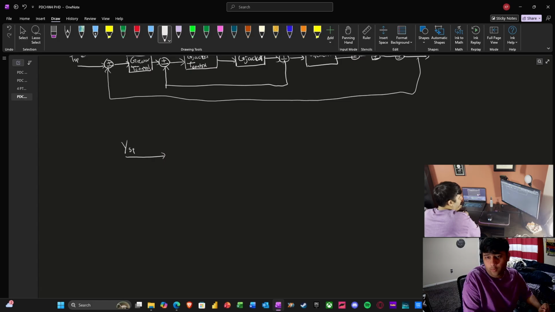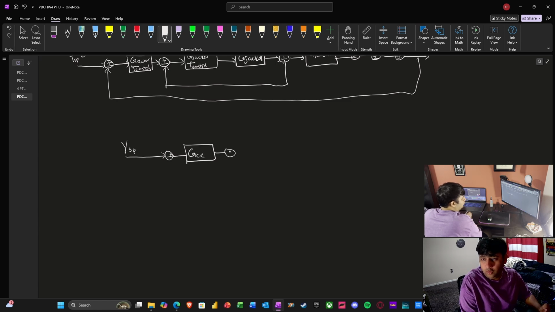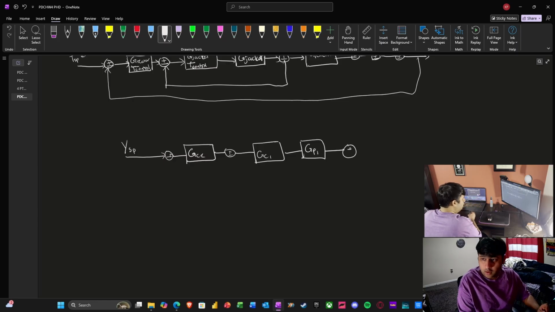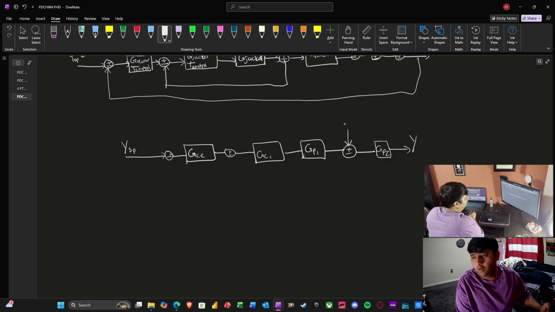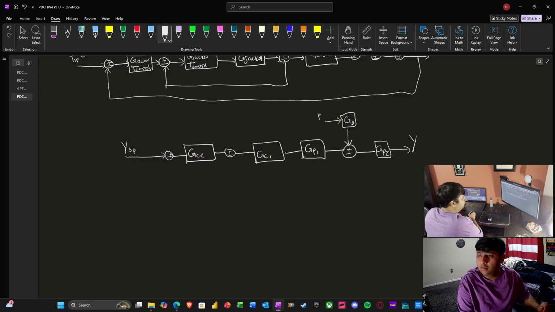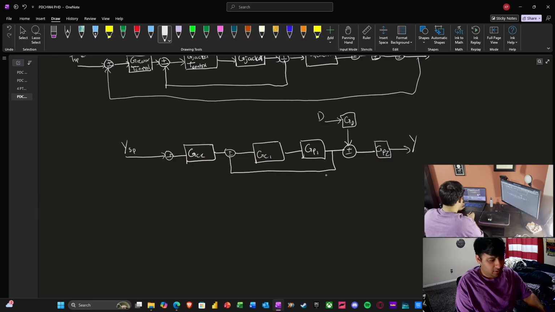We're going to have our Y set point as we set in part C, and so we go into our controller, which will feed to our GC2, which goes into a controller, to our GC1, which goes to our GP1, which goes to a controller, into GP2, which then we get our Y, and then inletting is going to be our disturbance with D as inlet.